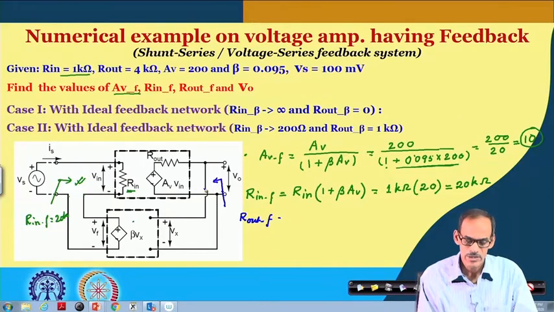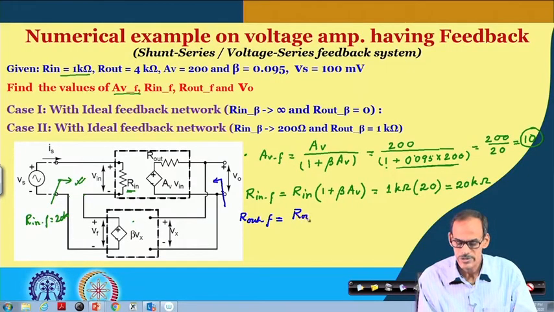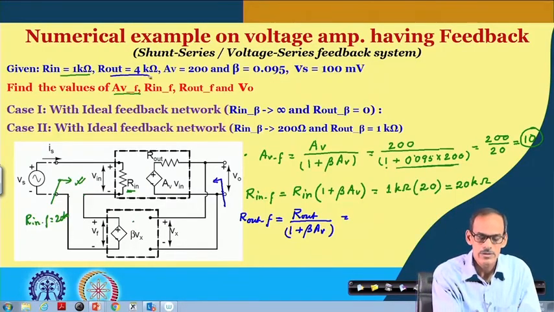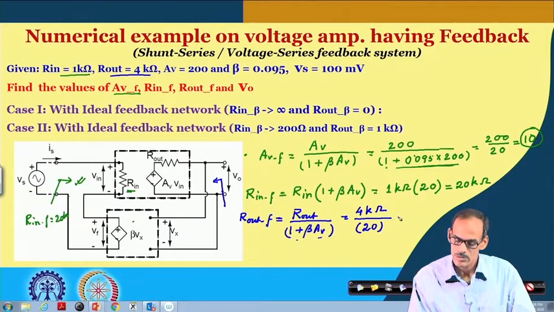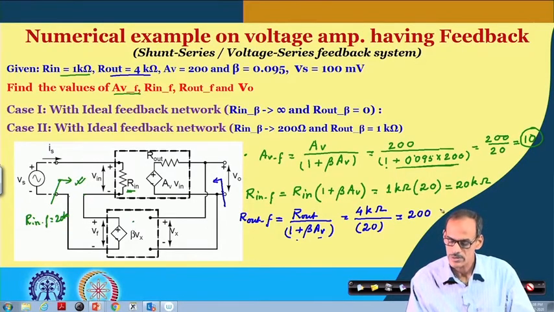The shunt connection reduces the resistance, which means that the output resistance will be R out divided by 1 plus beta into A V, and R out is 4 k divided by this factor, which is 20. So, that is giving us 200 ohms.